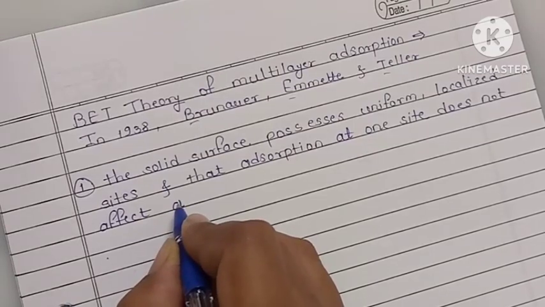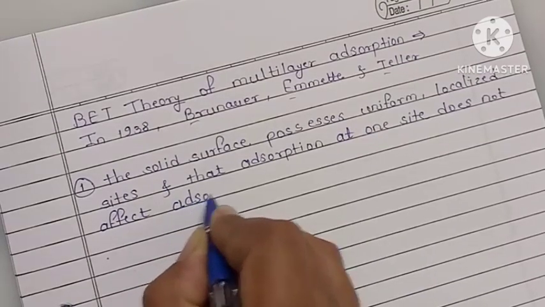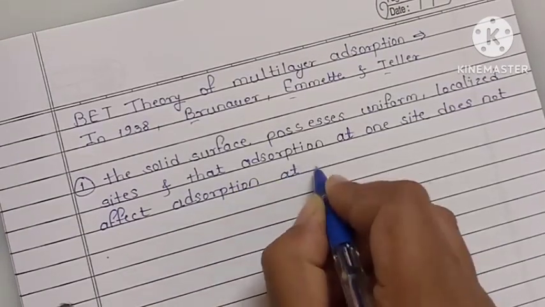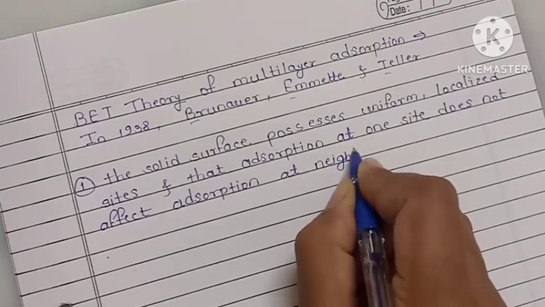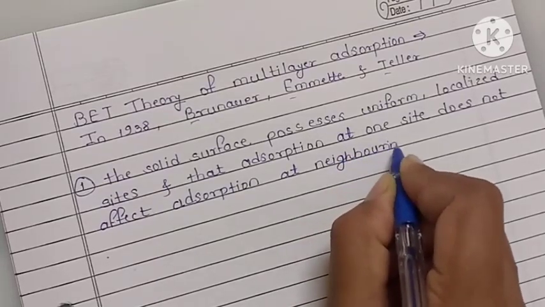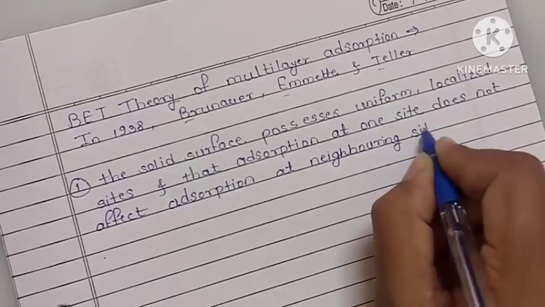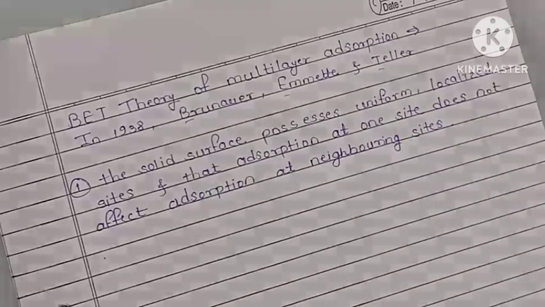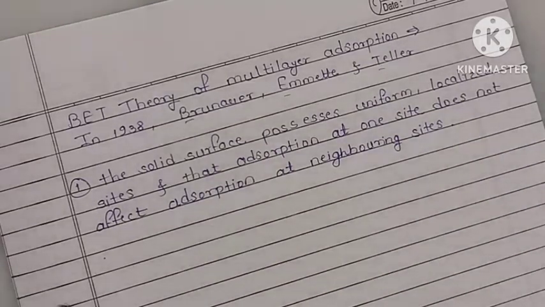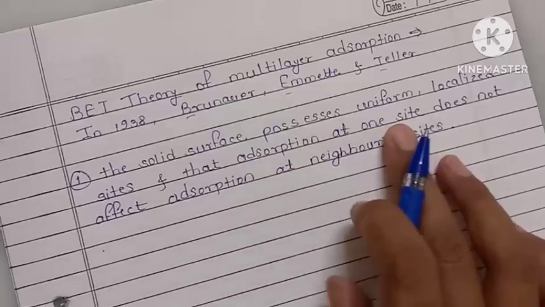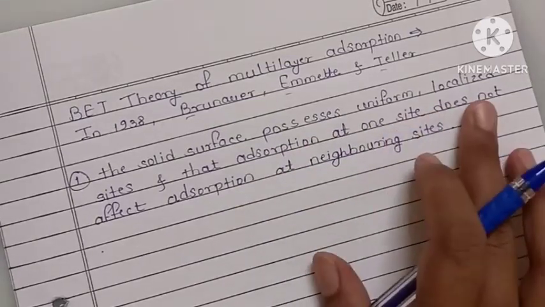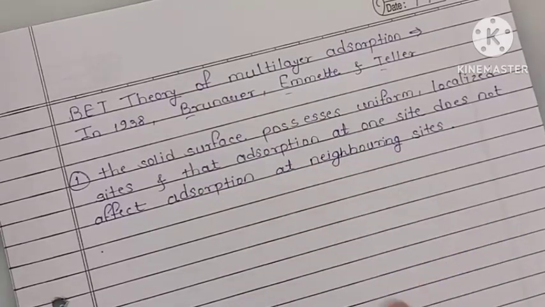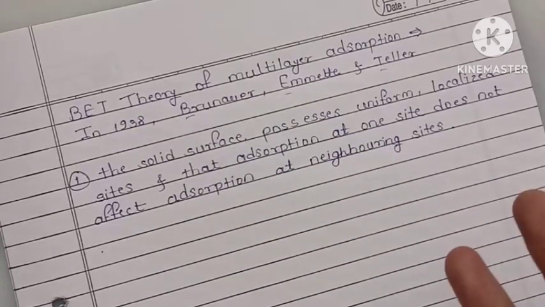So the first assumption is that the solid surface should be uniform. It must have localized sites, and adsorption at one site does not affect the adsorption at a neighboring site.